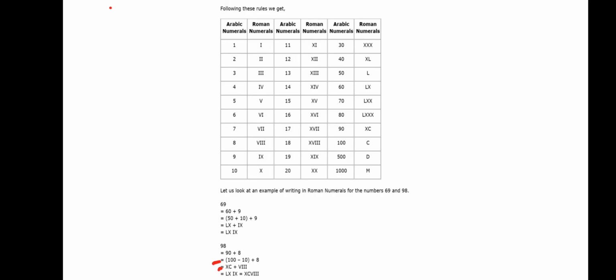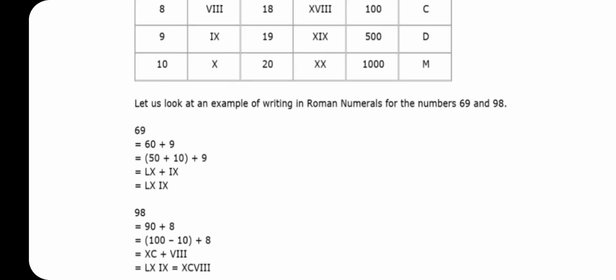For 98, we are going to get XCVIII. That is how we find the Roman numerals, writing Arabic numbers into Roman numerals.